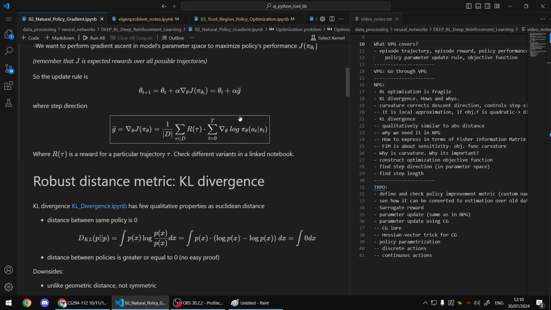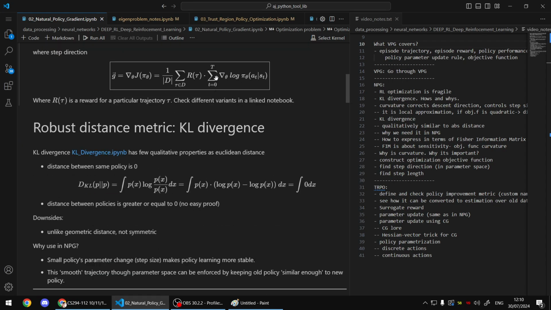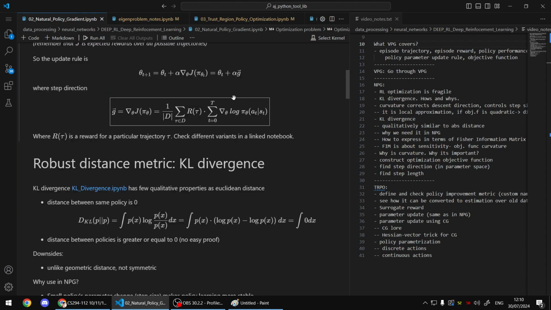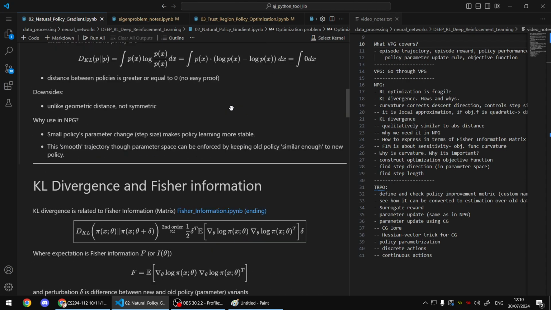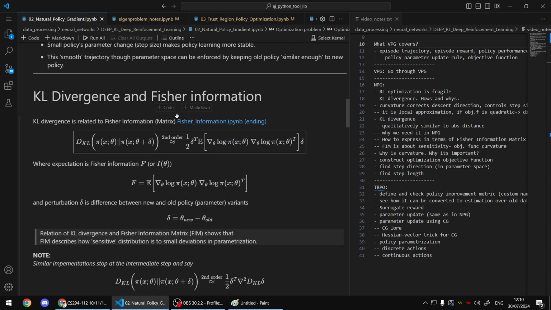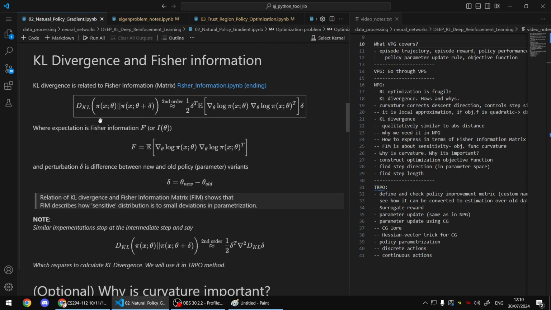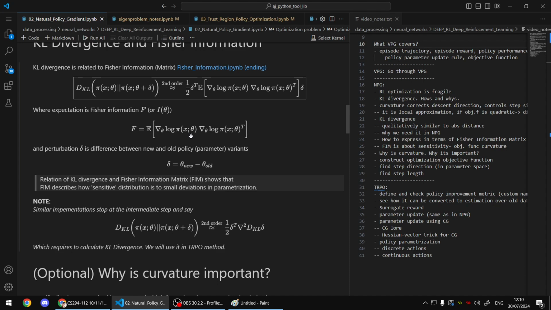Exactly the same thing was used to construct our gradient. What the Fisher information matrix tries to tell us is the sensitivity of a policy with respect to some small perturbation.